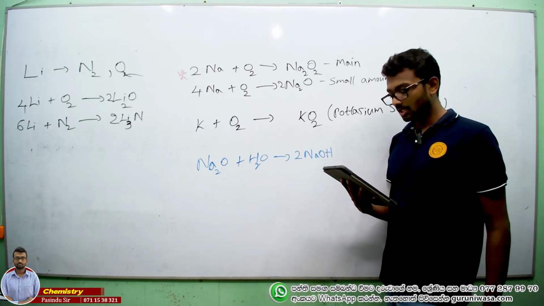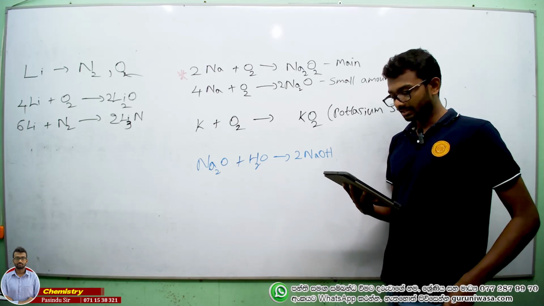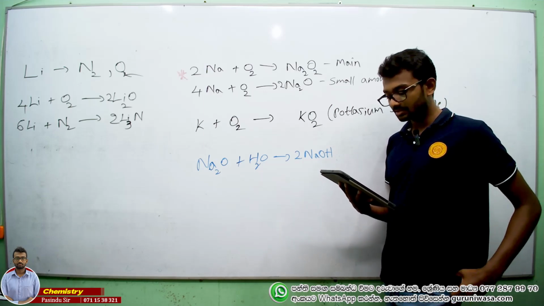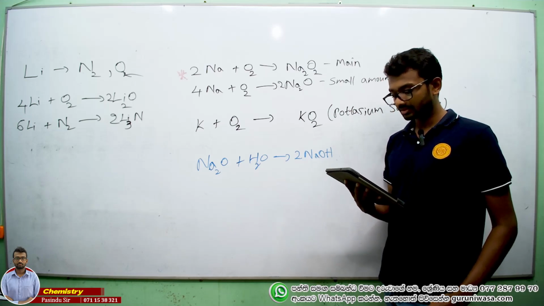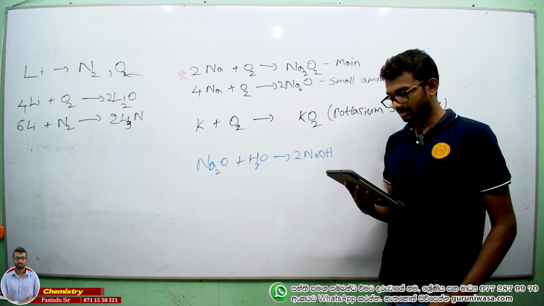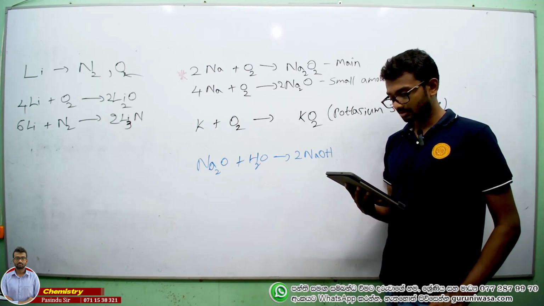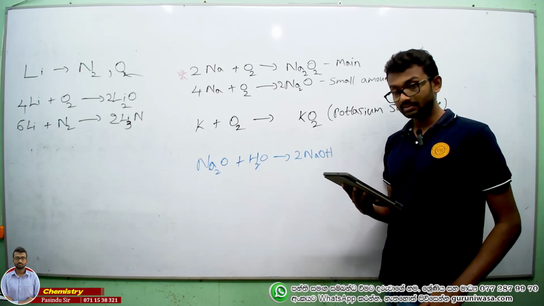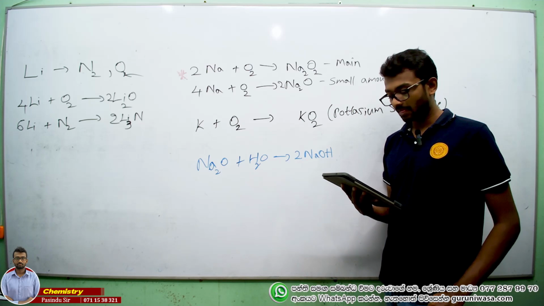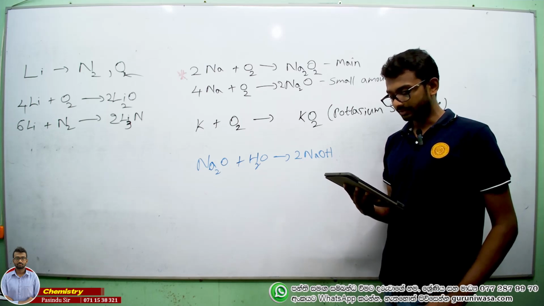next point: group 1 hydroxides react with carbon dioxide to produce relevant carbonates and further react with carbon dioxide to produce metal hydrogen carbonates.